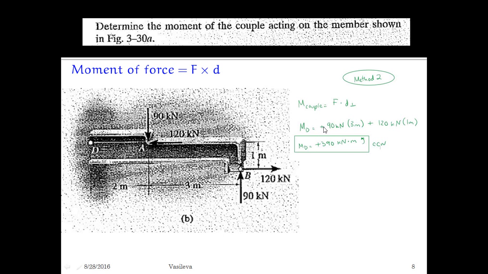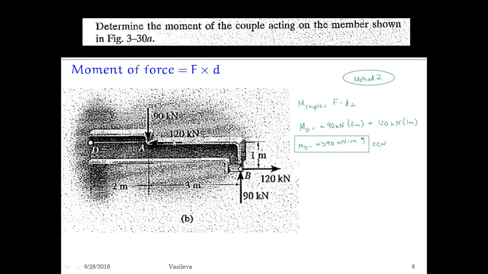Now, is it going to be positive or negative? I put positive because if you follow the arrows in which the 90 kilonewtons are pointing, they're moving counterclockwise. So they're creating a counterclockwise rotation, and counterclockwise is always positive. If we look at the 120, we do 120 times their perpendicular distance, which is 1 meter. And then we look at which way they're rotating.